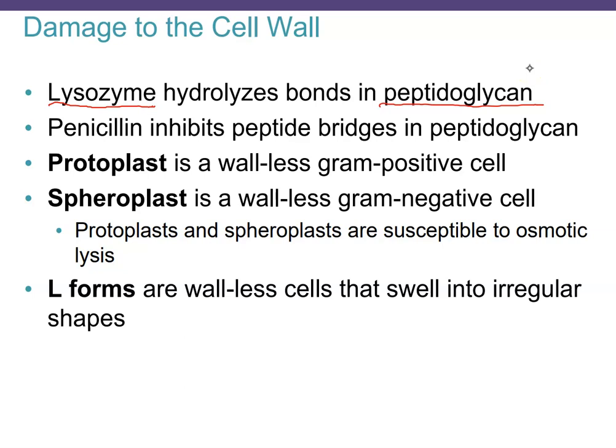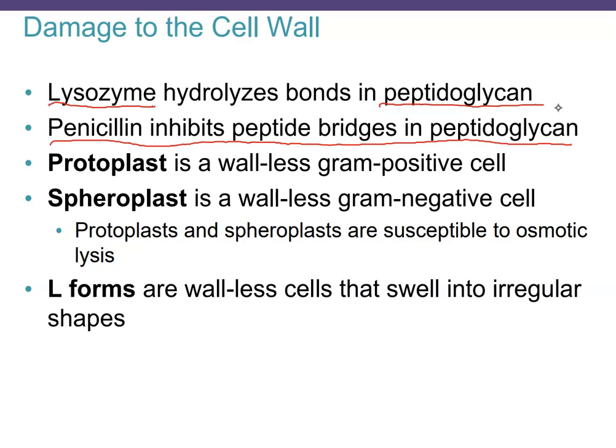In general, it ruins the cell walls of eubacteria. Penicillins inhibit peptide bridges in the peptidoglycan, so you're making very weak cell walls, and these cells cannot withstand lysis by osmosis, and so they die very easily.